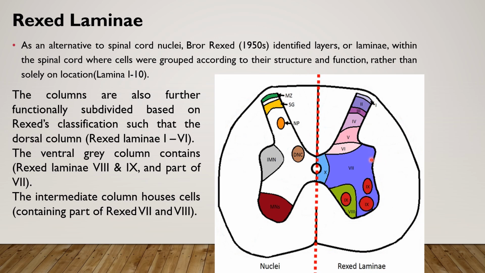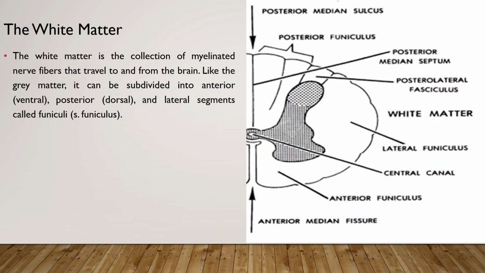The intermediate zone houses cells which belong to lamina 7 and a part of lamina 8. The corresponding nuclei you can see on this side, which we have already discussed. So that is about the Rexed lamina of the spine.